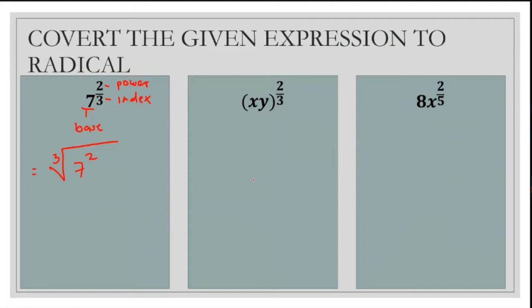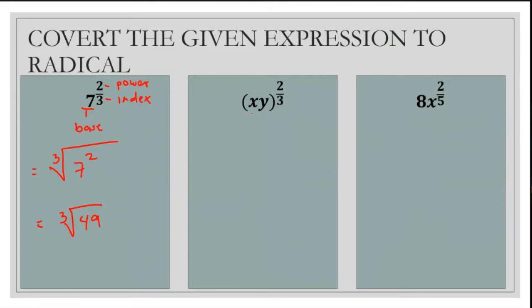If you are required to simplify and evaluate it, you will just have the cube root of 49, or simply the cube root of 7 squared, which is the cube root of 49.